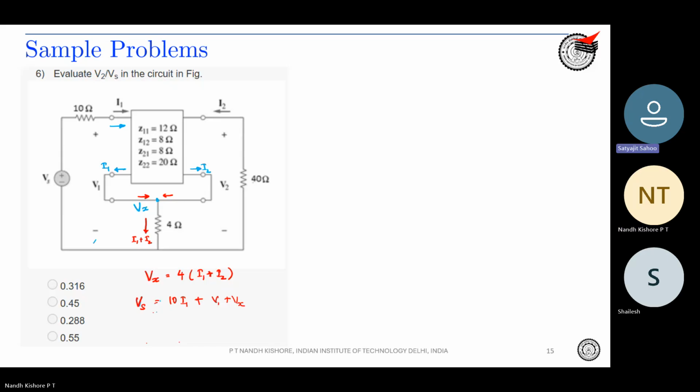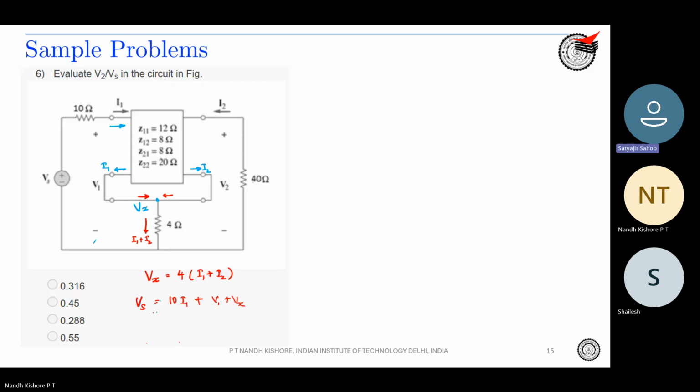Sir, I guess this will be minus V1. Why would it be minus V1? We are traversing from the positive end to the negative end, so the voltage drop will be negative, sir.